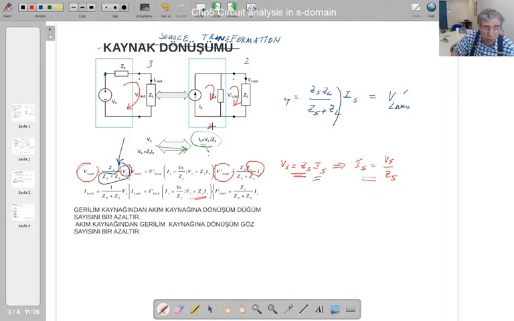So 2 meshes replaced with 1 mesh. Therefore you're going to write 1 mesh equation less if you do the source transformation from this to this. So how we are going to use it in a circuit? Let's move to the next step.